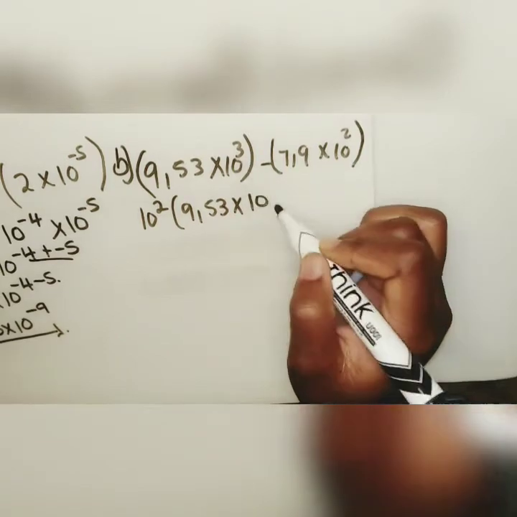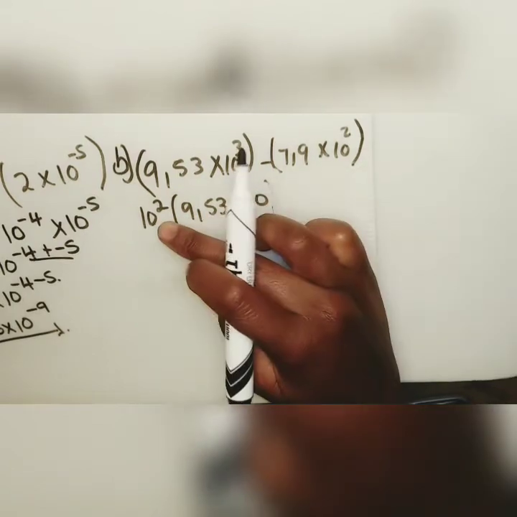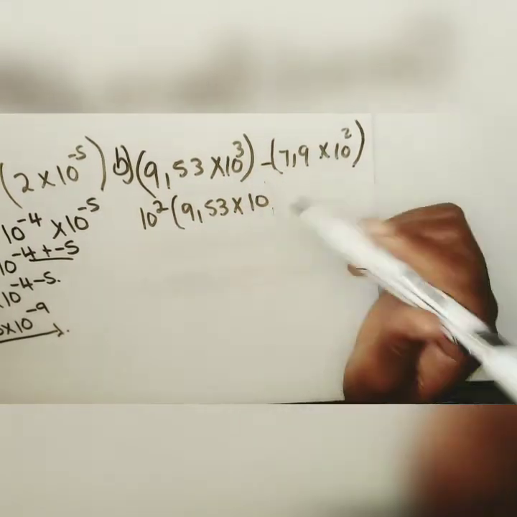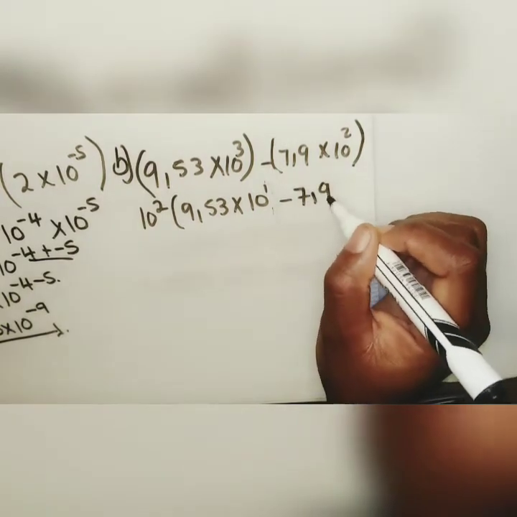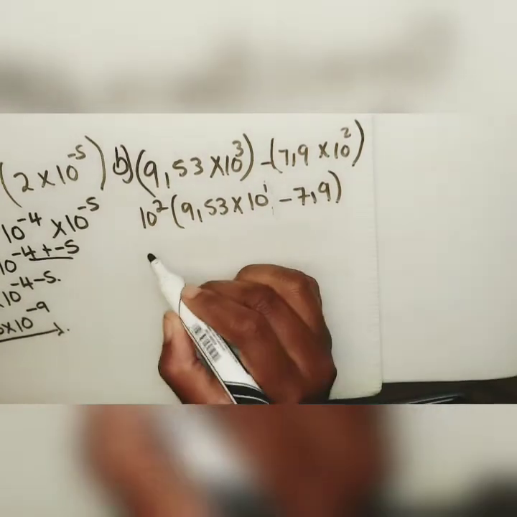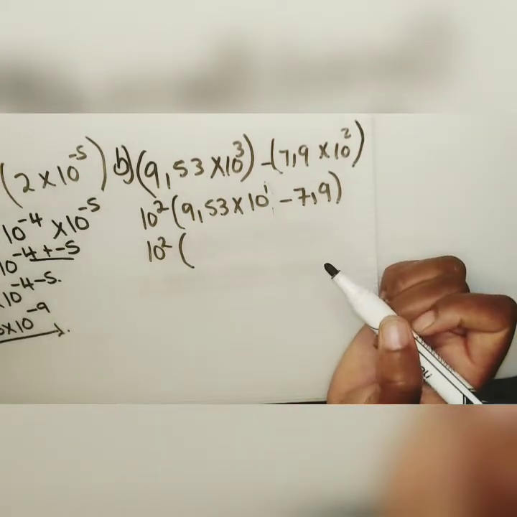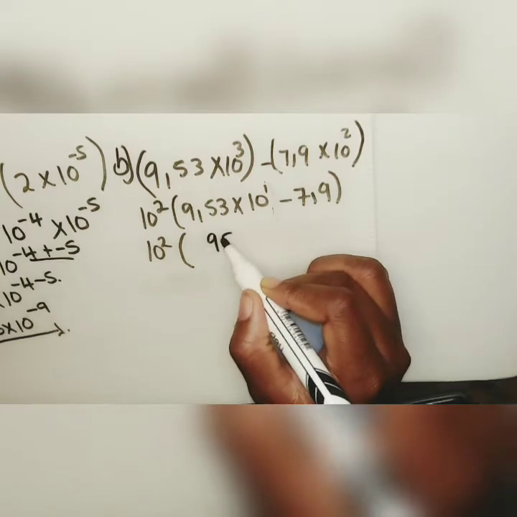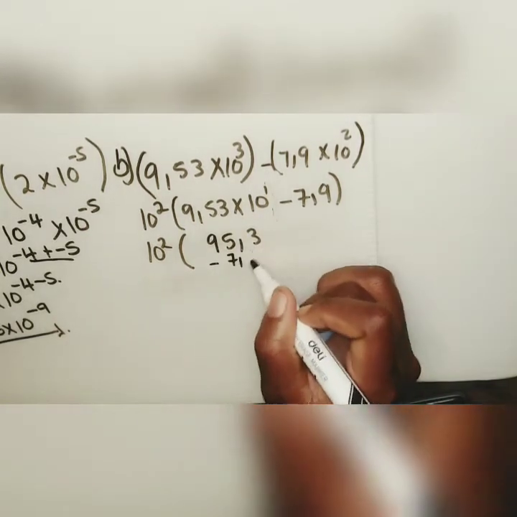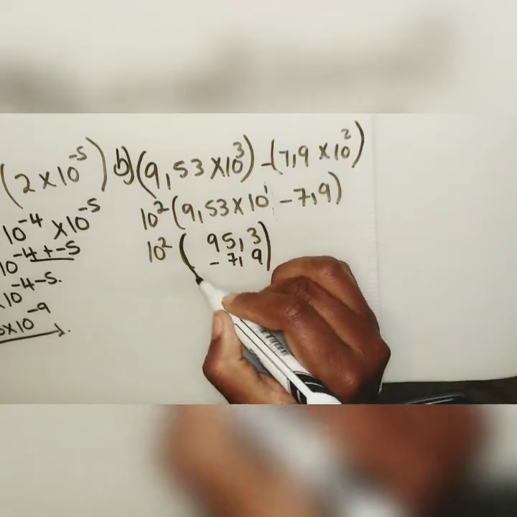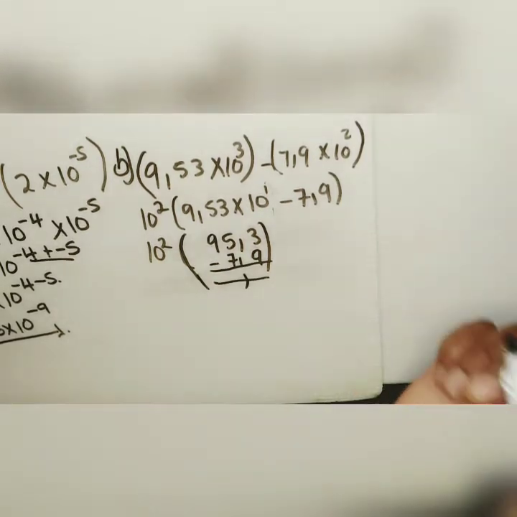So we just took a 10 to the power 2 from a 10 to the power 3. So there remains the 10 to the power 1, which is just a 10, right? Minus 7,9. This side just remains with 7,9. Our 10 to the power 2, we maintain on the outside, but 9,53 times 10 will just give us 95.3 minus 7,9. Remember, when we're subtracting, we make sure that our comma is on a straight line.